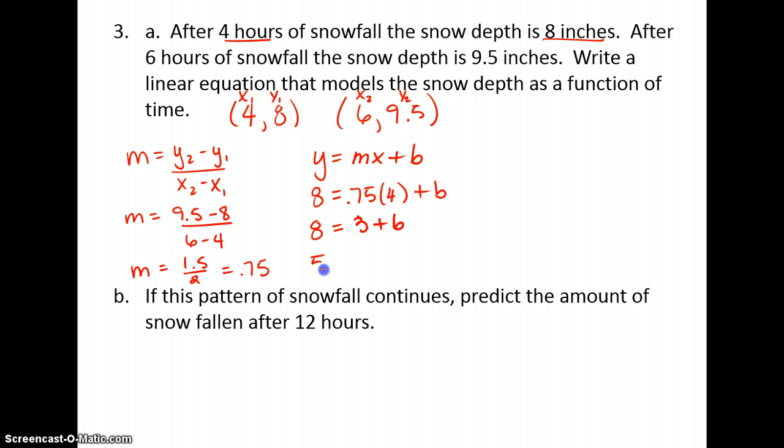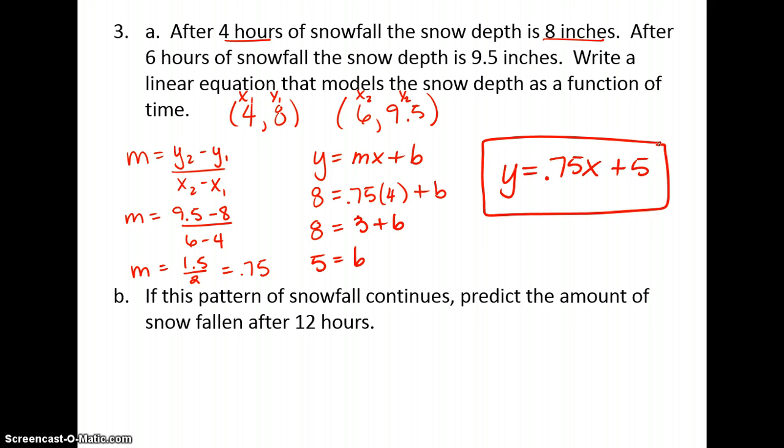Subtract 3, and b is 5. So now I have the information I need to write the equation. I got my slope, I got my y-intercept. I turned it into a model. Y equals 0.75x plus 5.